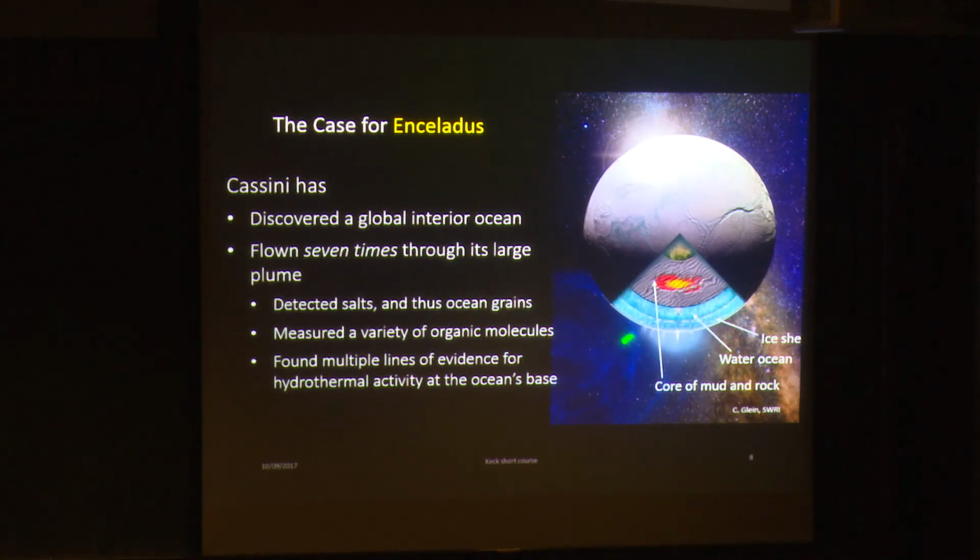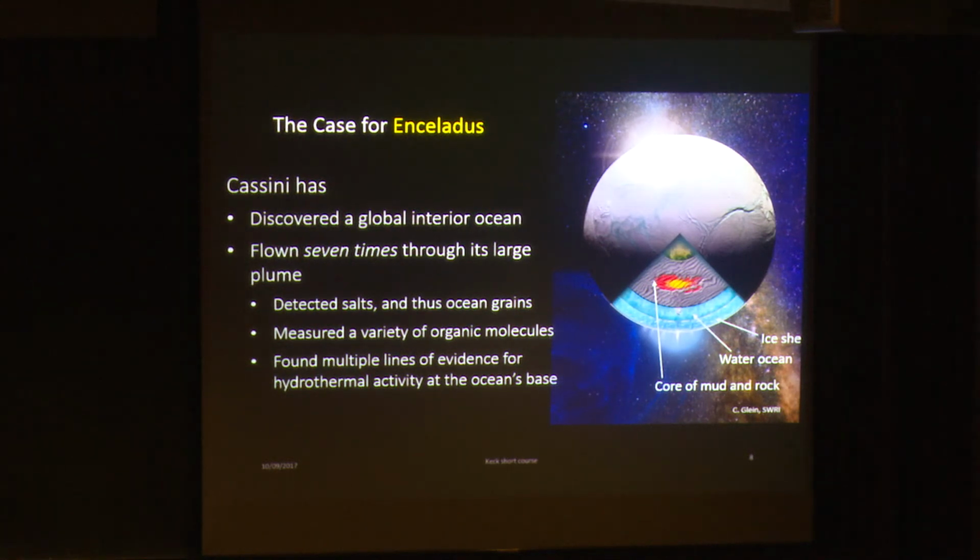Then the plumes were discovered, and Cassini went through the plumes and detected salts, ocean grains, organic molecules, and evidence for hydrothermal activity at the ocean's base. For example, nano grains of silica were found in the E-ring of Saturn. The E-ring is thought to come from Enceladus, and that's the kind of stuff you can find at hydrothermal vents.